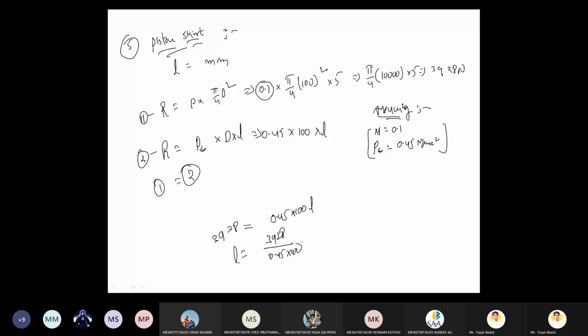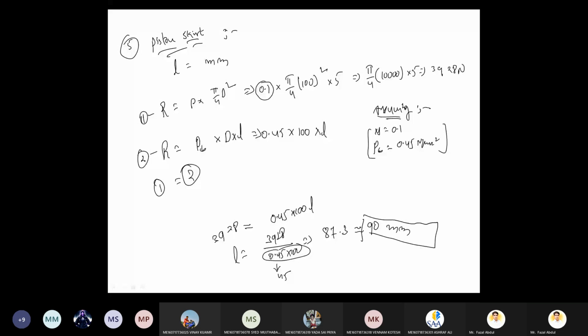Substitute these values. 3928 divided by 45. So how much is the answer? 87.3. That is nothing but 90 mm. Okay, this is the length of the piston skirt.